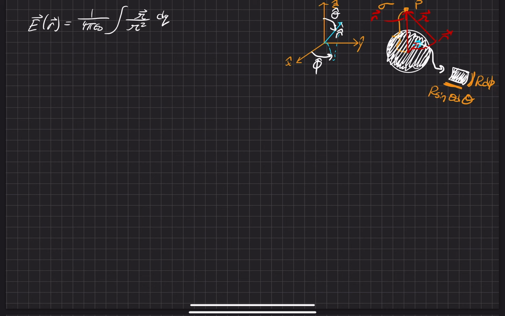But right now, since we were given the surface charge density and we're able to find what an example differential surface charge is, we can attack some of the substitutions that we're going to make.